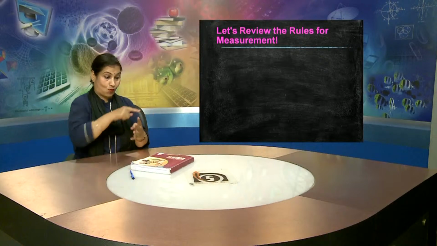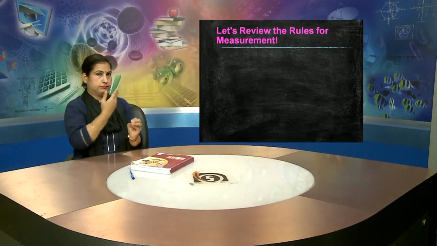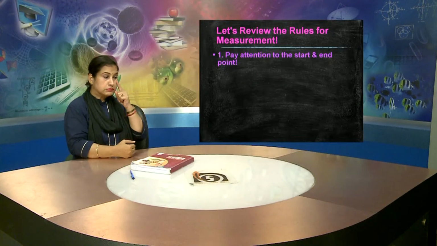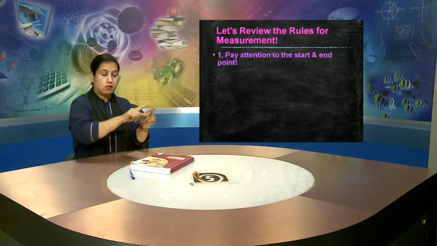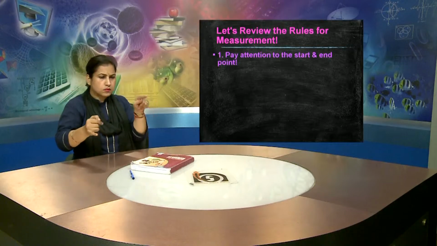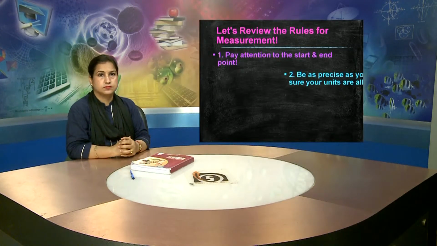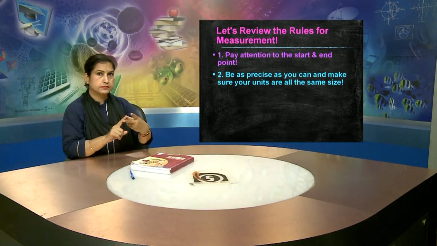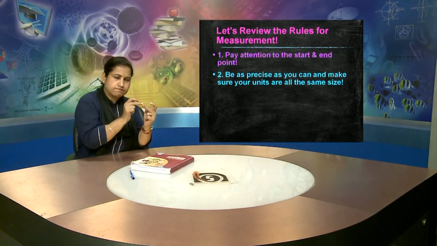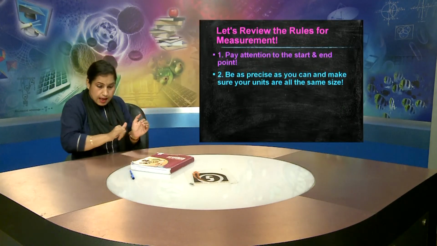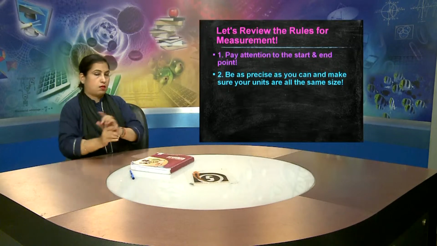Let's revise the rules for measurement. First, pay attention to the start and end point. Second, be as precise as you can and make sure your units are all the same size.